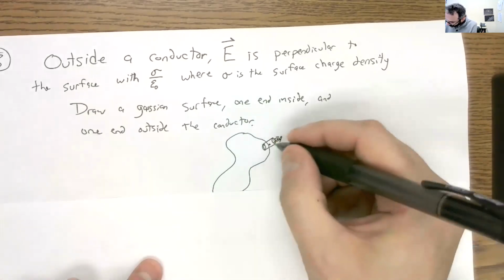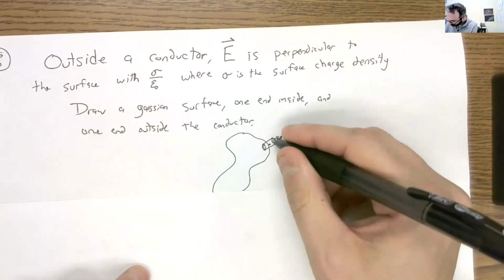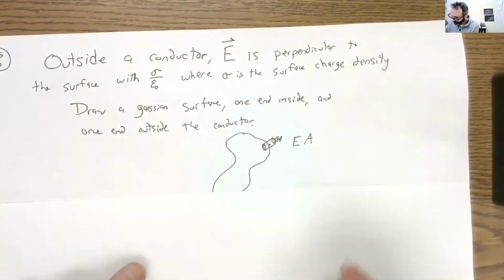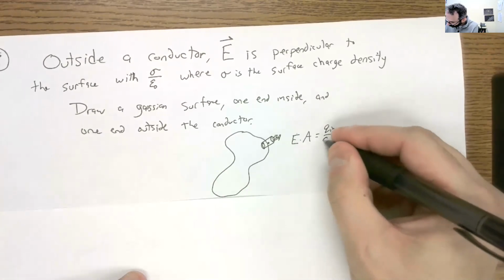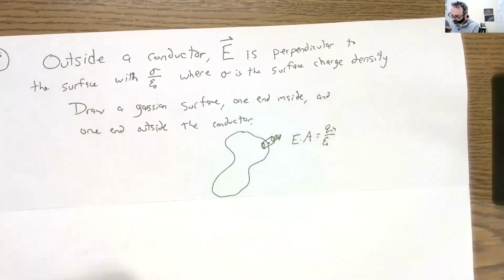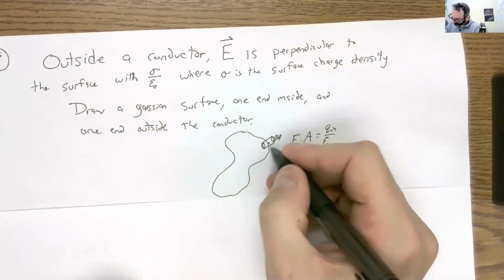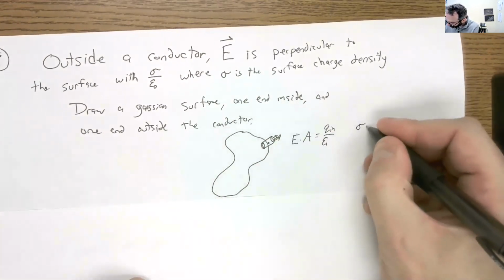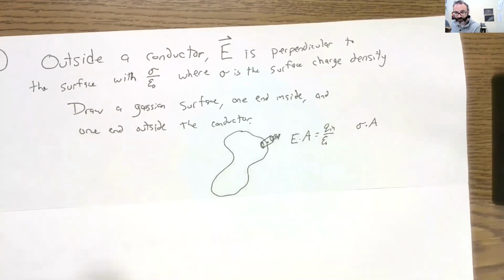So this electric field times the area of this little circle or whatever shape it is equals our enclosed charge over epsilon naught. And the amount of charge enclosed is just going to be the charge per area times the area of that piece of the Gaussian surface.